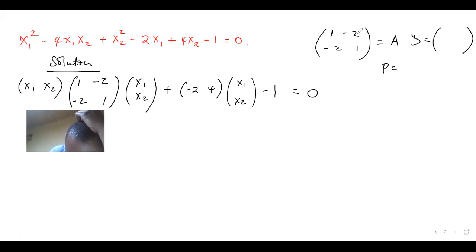Yes, at the end it says the eigenvalues of A are lambda 1 equals 3 and lambda 2 equals -1, and the eigenvectors of A are 1, -1 and 1, 1.